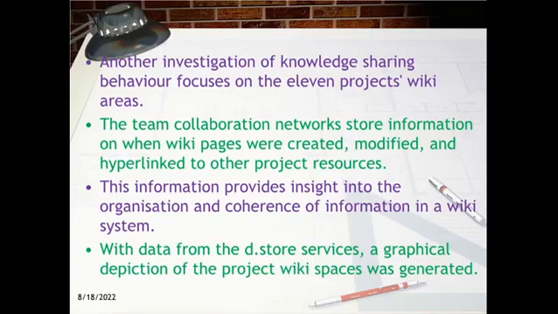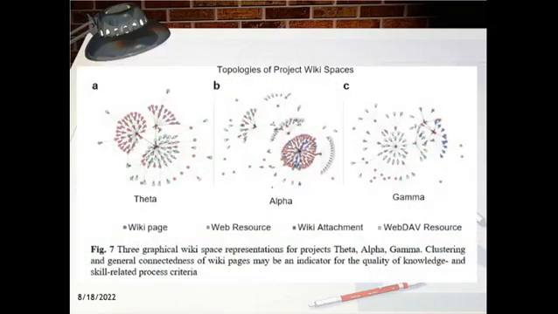With data from the Design Store services, a graphical depiction of the project wiki spaces was generated. See the figure. The figure shows 3 examples. The structures depict the ultimate topology of a project wiki space, which is determined by hyperlink relationships between wiki articles and various external resources.